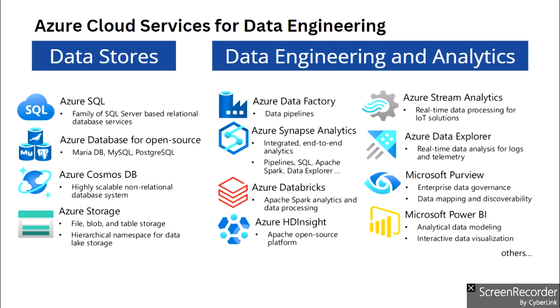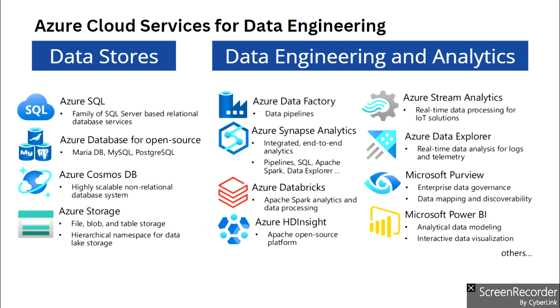So that is called real-time analytics, and for that we use Azure Stream Analytics. Okay, we'll see that also. Data Explorer is also for real-time data analysis for logometric and telemetry data. We will discuss that ahead. Purview is for data analysis, data tracking, to see where your data is going. And Microsoft Power BI is one of the data visualization tools which is used for getting the pictorial representation of data.